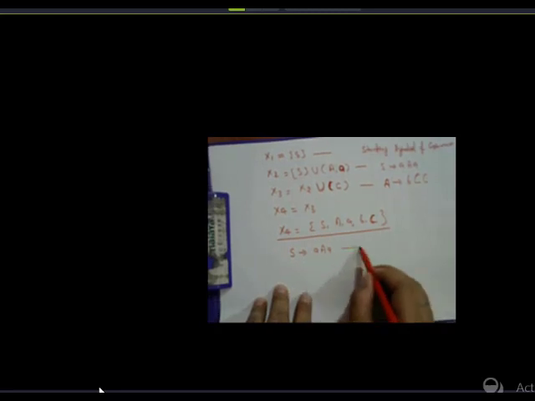Then second, S tends to aSB, that is correct. And third is A tends to BCC, A tends to b, and last is C tends to bb, C tends to ab.